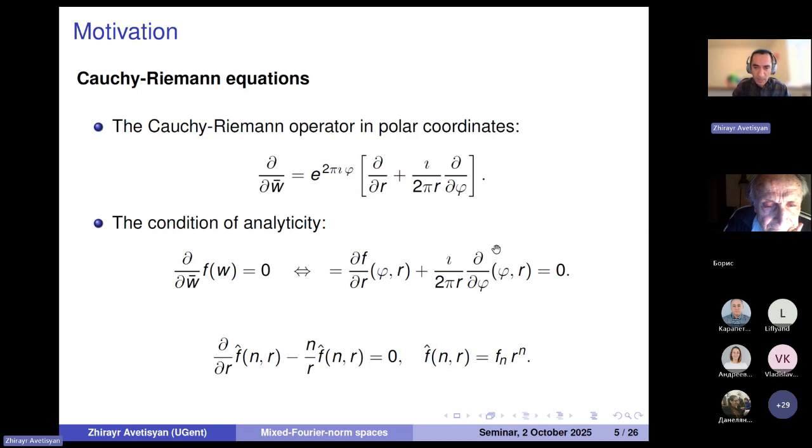You see, f hat at n comma r equals some coefficient f of n times r to the n. The r dependence is fixed. The arbitrariness of this analytical function f is now encoded solely in these coefficients fn. And this idea we're going to take and generalize.